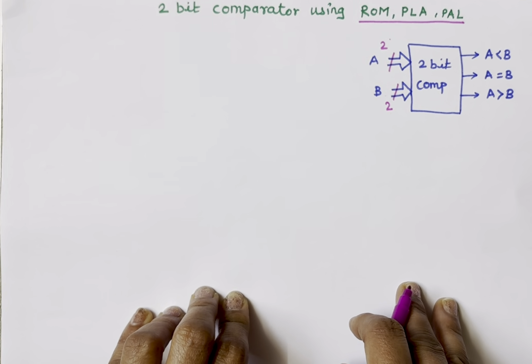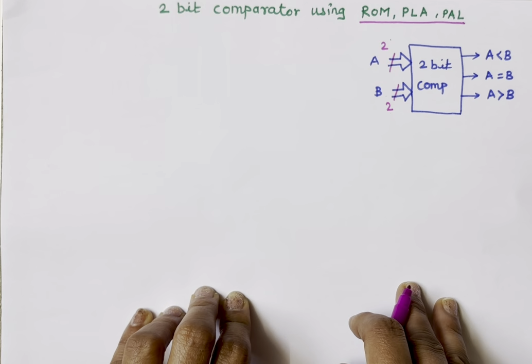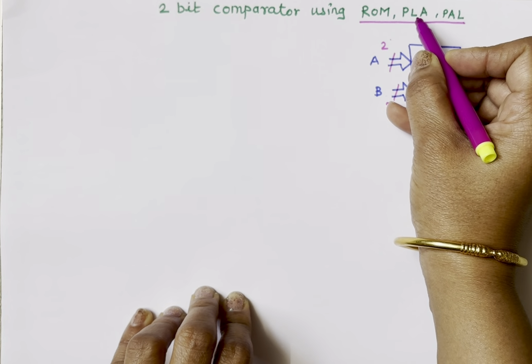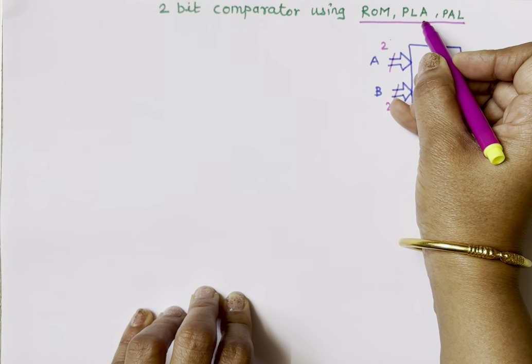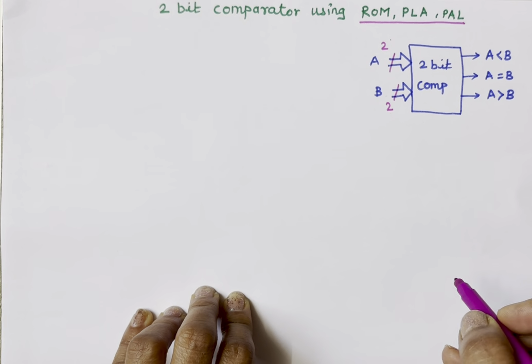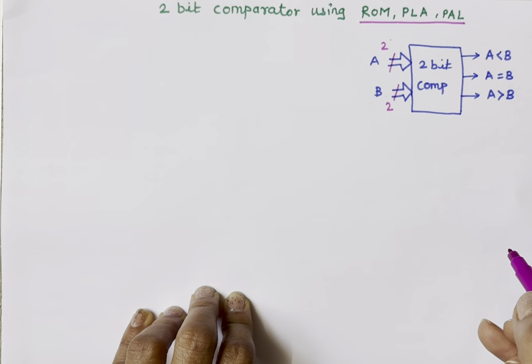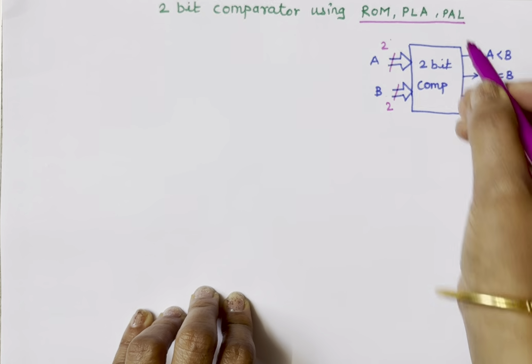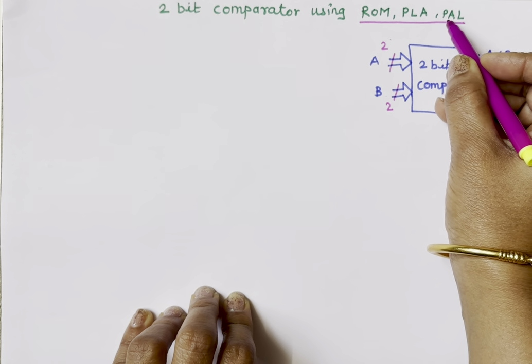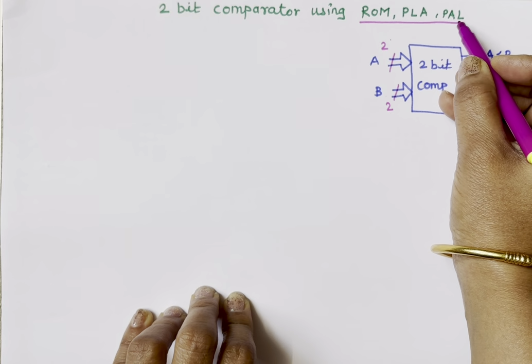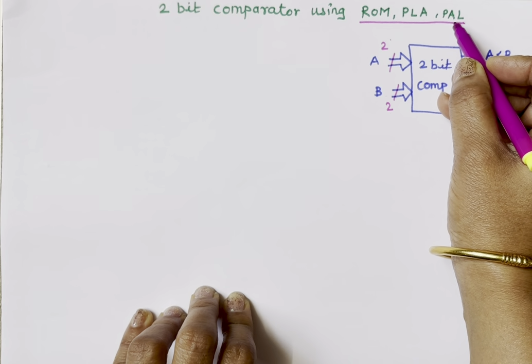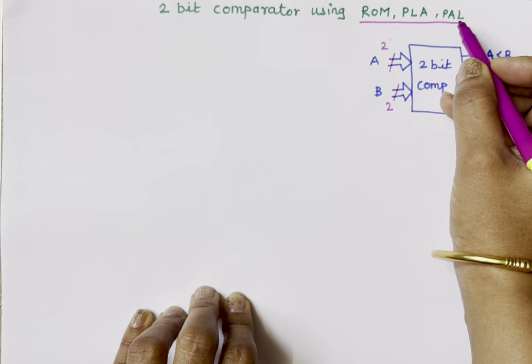It means the AND gates are not programmable, they are fixed, whereas the OR array is programmable. In case of PLA, programmable logic array, both AND and OR arrays are programmable. And in case of PAL, programmable array logic, the AND gates are programmable but the OR gates are fixed.